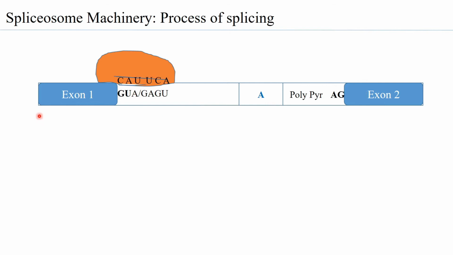Now, the first spliceosome machinery molecule that comes and binds is U1 snRNP. This U1 snRNP interacts with the 5' splice site. Why is it able to specifically bind to the 5' splice site? Because the small nuclear RNA of the U1 snRNP has a sequence that is complementary to the 5' splice site.